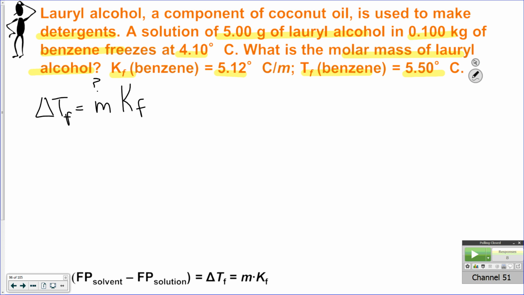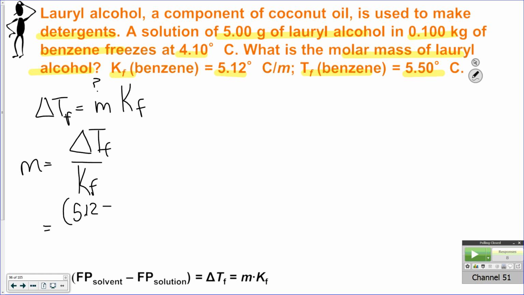If I rearrange that, the molality is equal to the change in the freezing point divided by the K sub F. Well, the change in the freezing point is going to take the numbers that we had, so it would be the temperature final less temperature initial. All right, if we think about change in freezing point, it's going to be negative. So the initial minus the final.